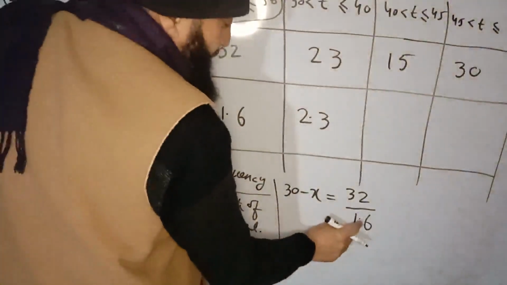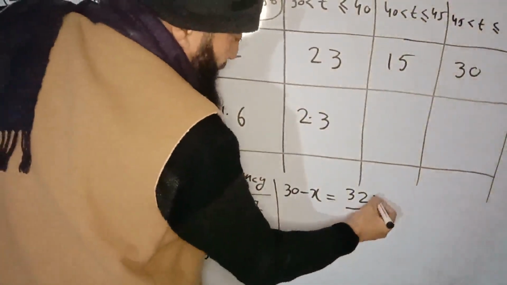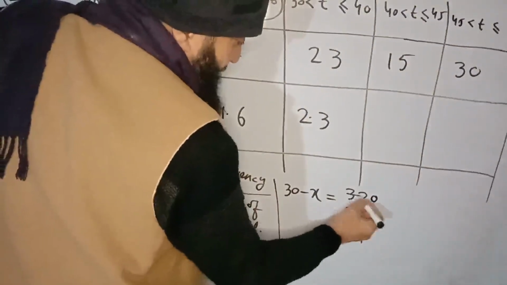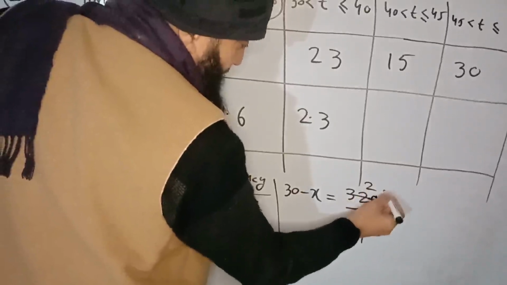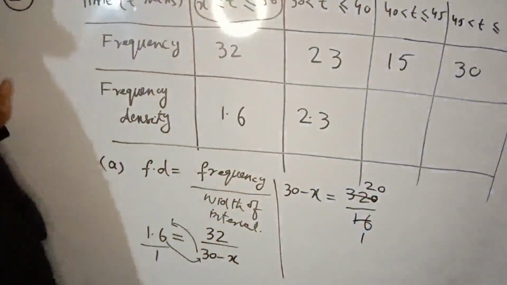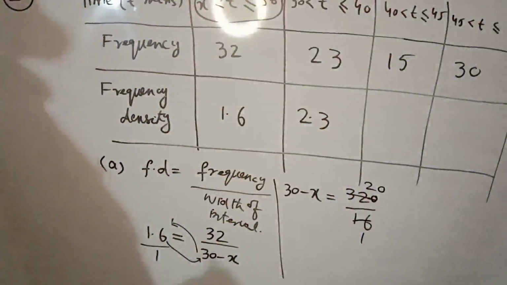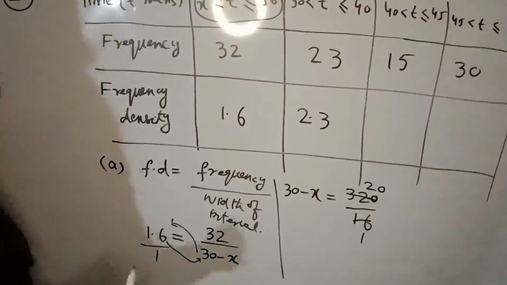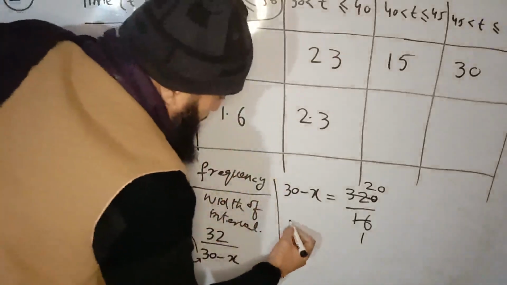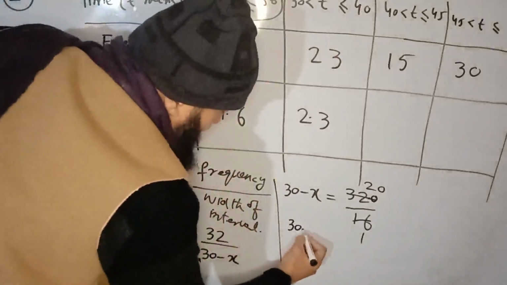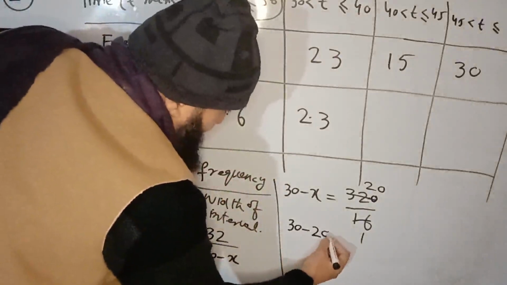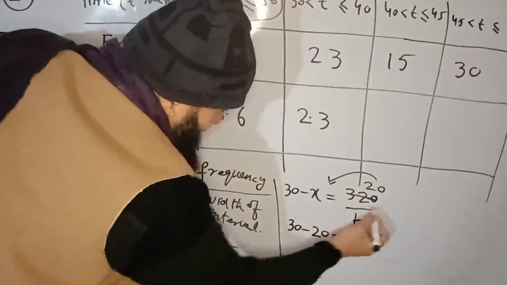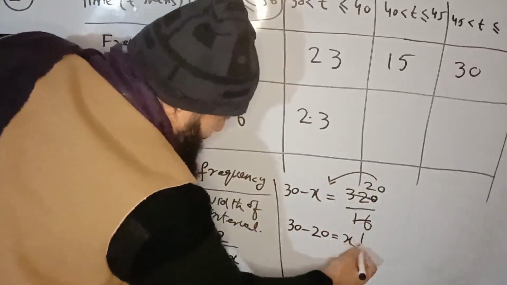In order to remove this decimal point, I put 0 here. So this will become 16. Now 16 ones are 16, 16 twos are 32, so 0 is as it is. So this becomes 20. It means 32 divided by 1.6 will be equal to 20. So 30 minus 20, and minus x shifted to this side will become plus.